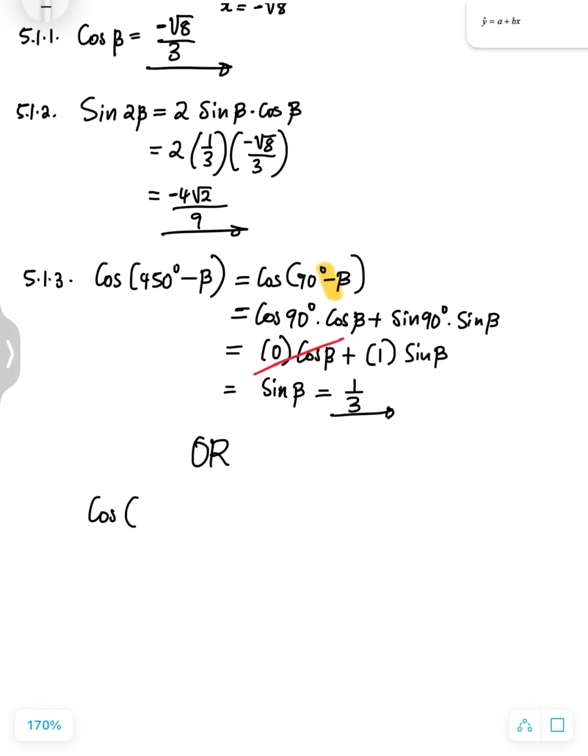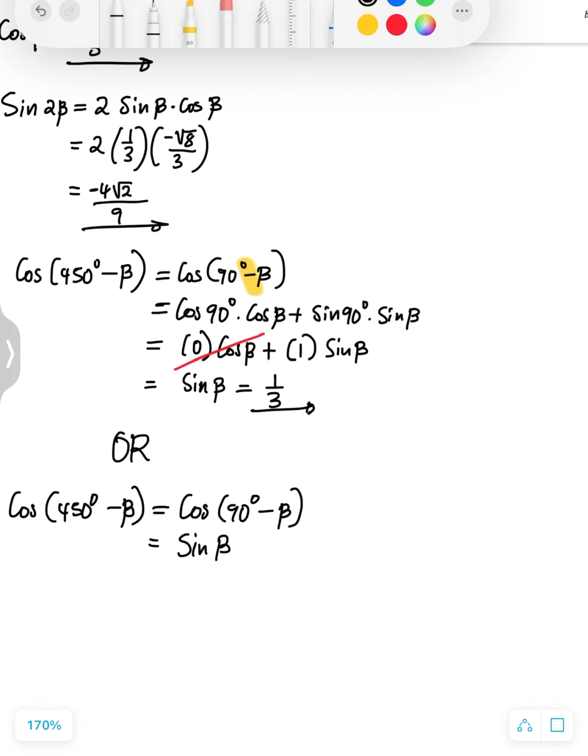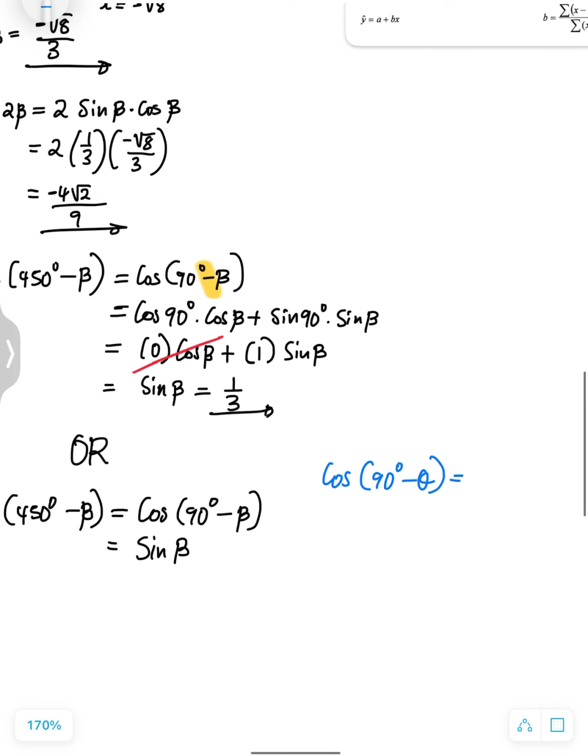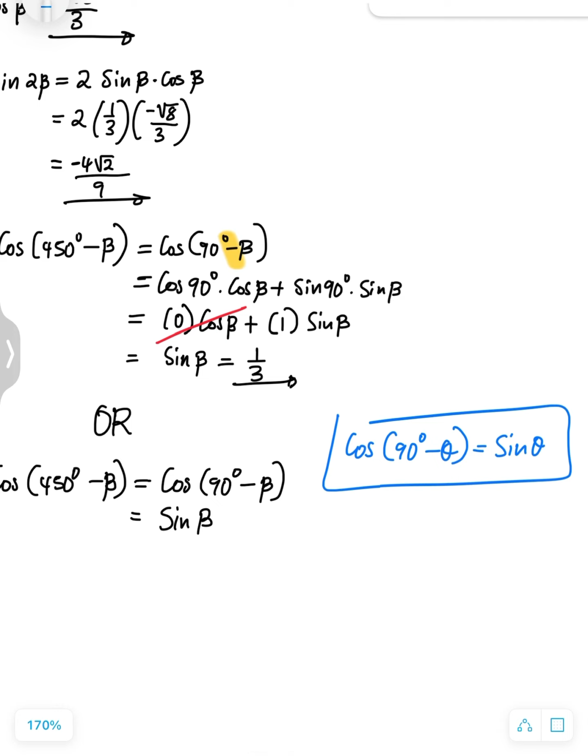If you have cos of 450 degrees minus beta, first you reduce 450 by subtracting 360 from it, which gives you cos of 90 degrees minus beta. Now you can use the reduction formula. Cos of 90 degrees minus beta becomes positive sine beta, because with 90 degrees cos changes to sine.